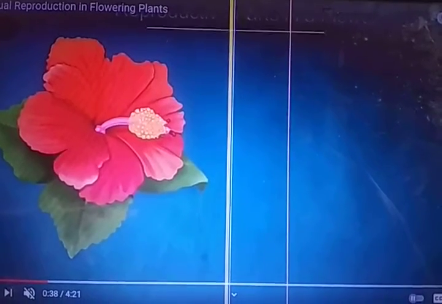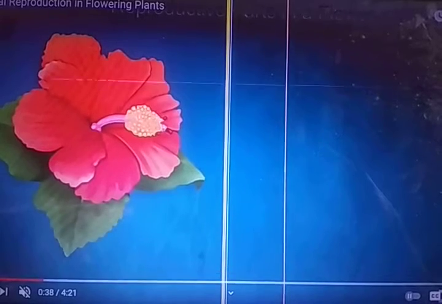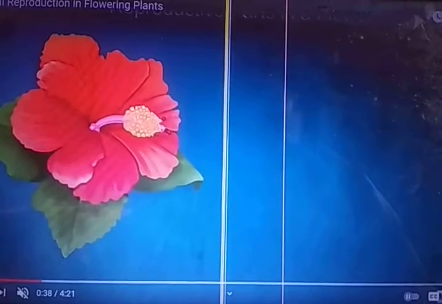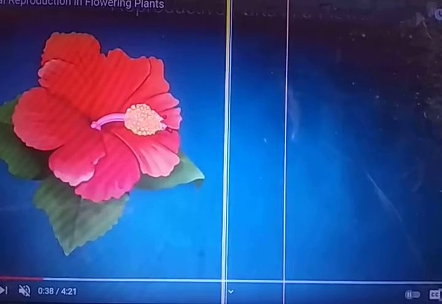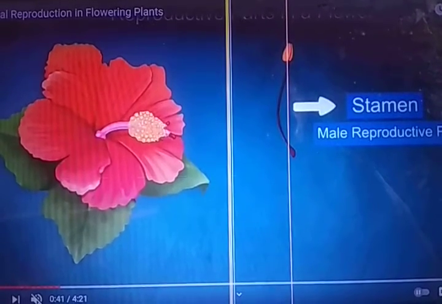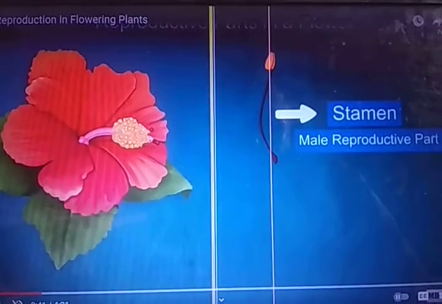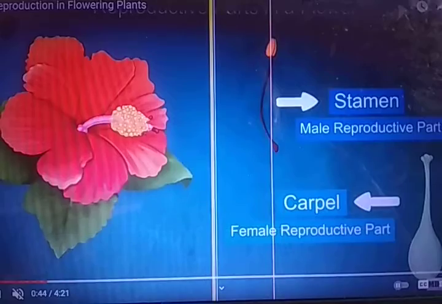Androecium and gynoecium constitute the reproductive or essential whorls as they are involved in the production of male and female gametes for the formation of seed. For example, the stamen, that is the male reproductive part, and the carpel, that is the female reproductive part.